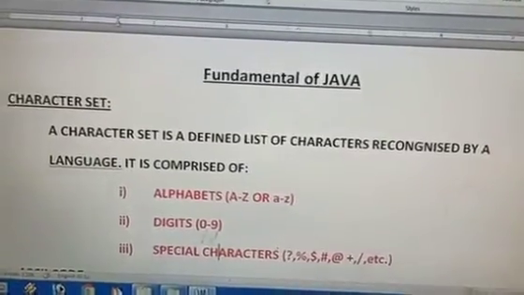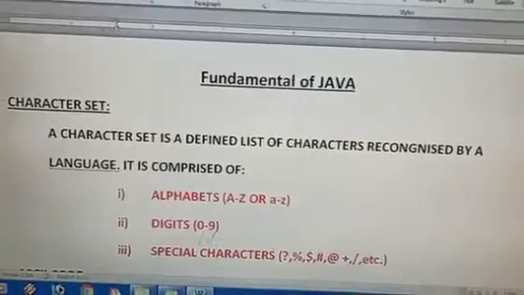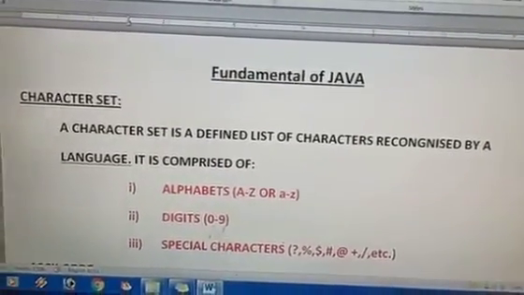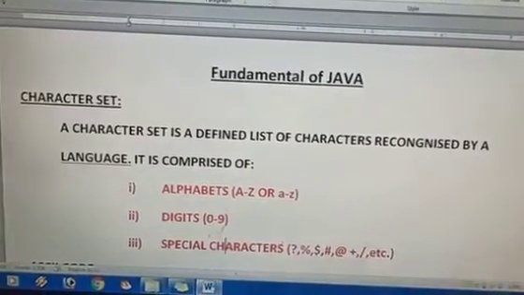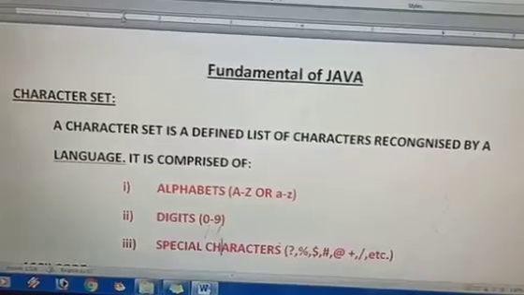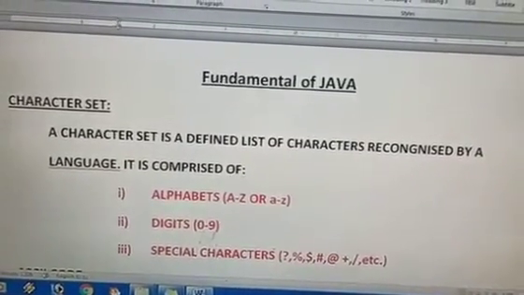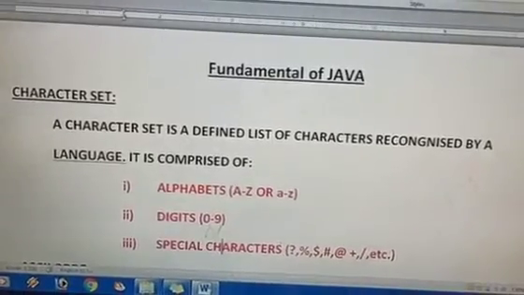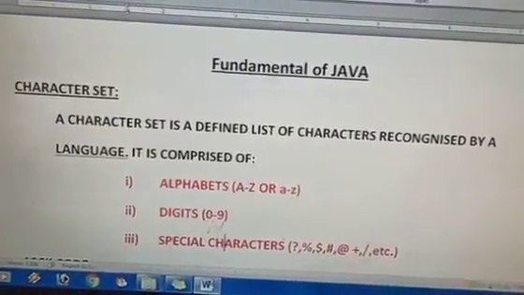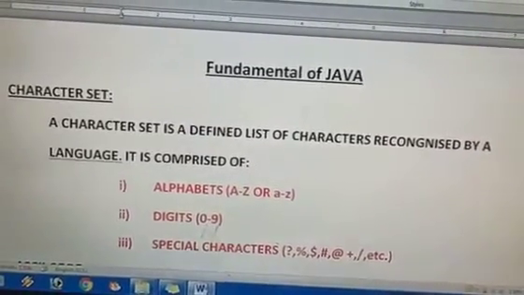Both the compiler and interpreter are used to convert the high level program into machine code. In Java, the compiler is used to convert your source code, which is in the high level language, into the low level language, but it converts the whole program at once, whereas the interpreter converts your program line by line into machine code, right?